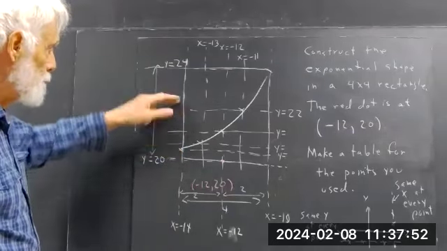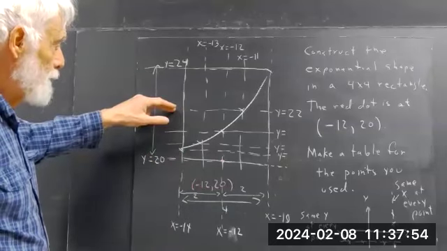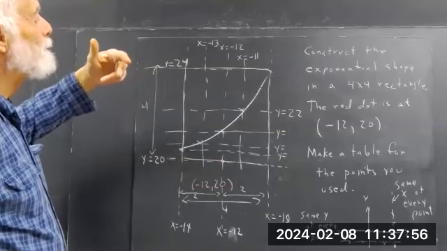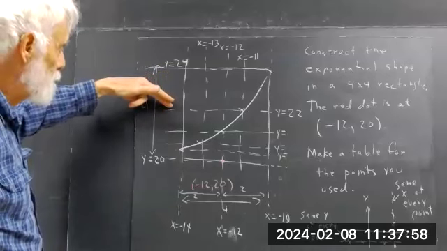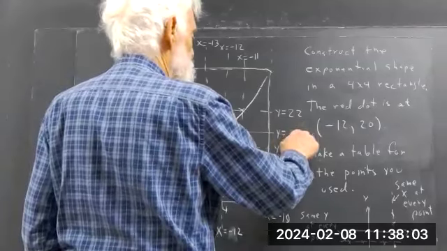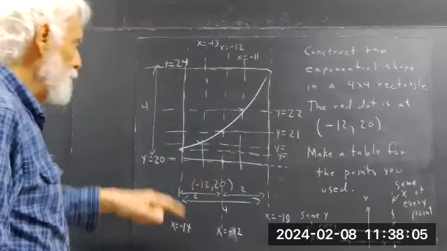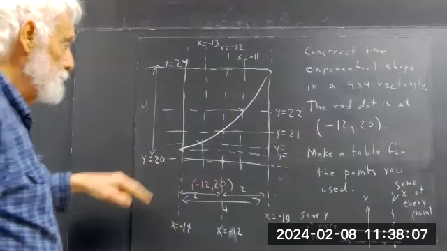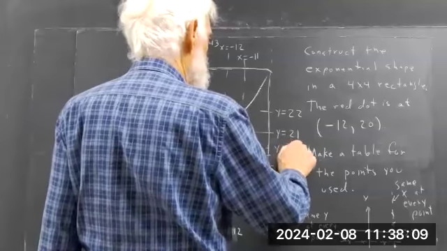Now, this line is halfway from 22 down to 20. Halfway from 22 to 20 is 21. Halfway between 21 and 20 is 20 and a half.